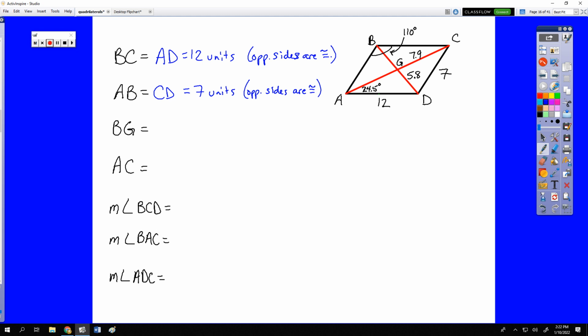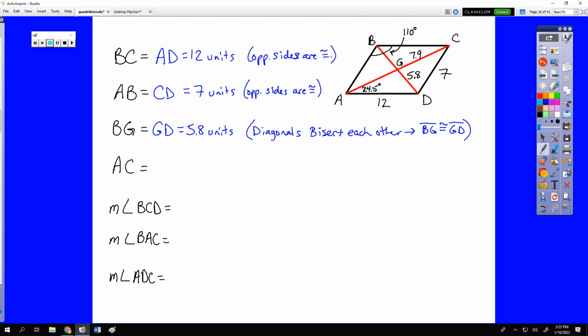Well, BG has to equal GD because the diagonals bisect each other. GD is listed as being 5.8 units, so BG has to be 5.8 units because the diagonals bisect each other. Which means that BG is congruent to GD because G has to be the midpoint.